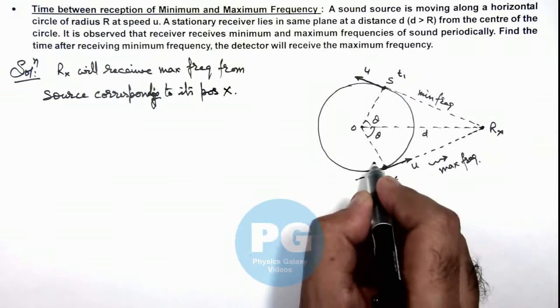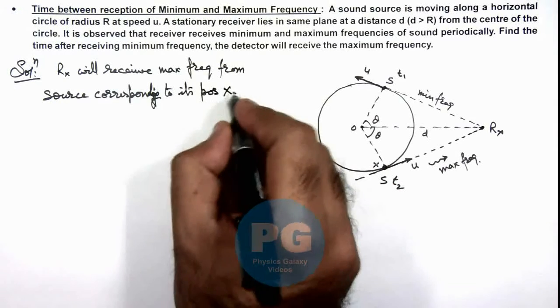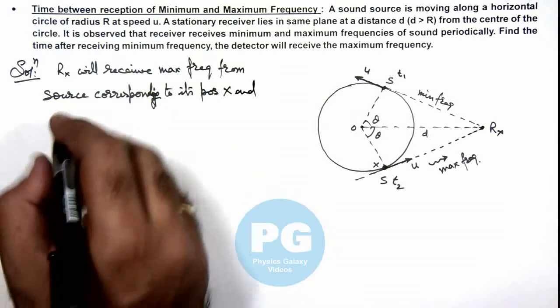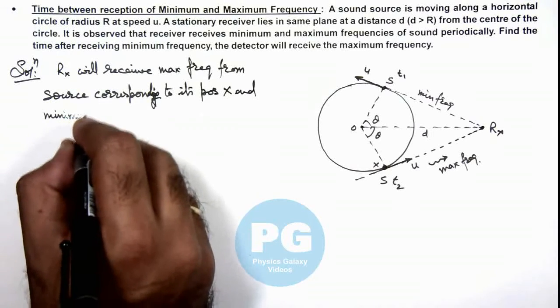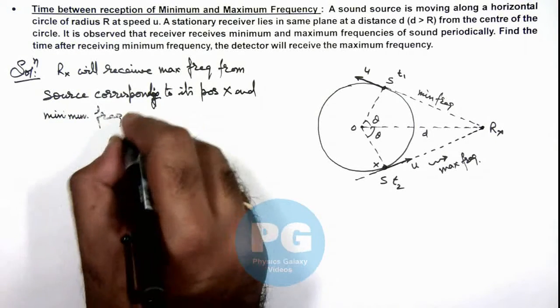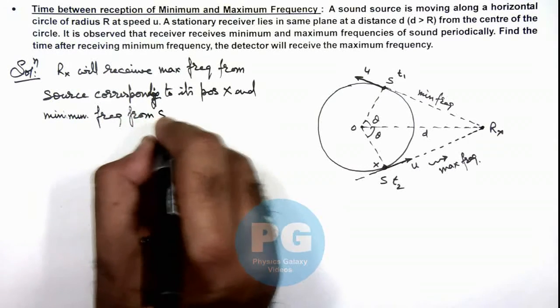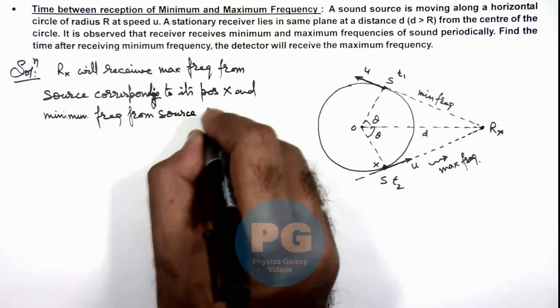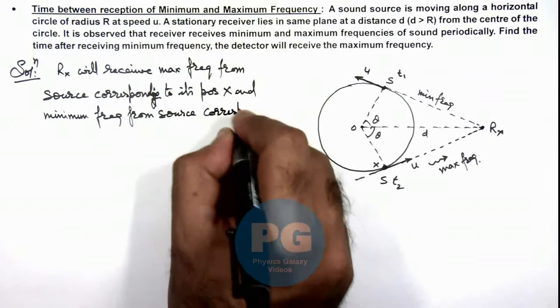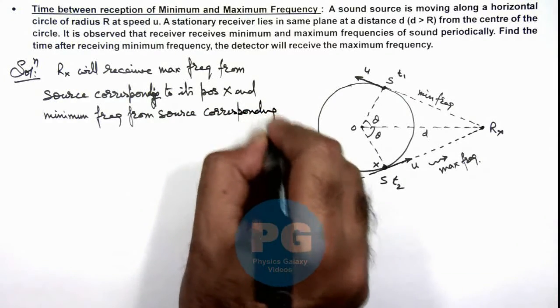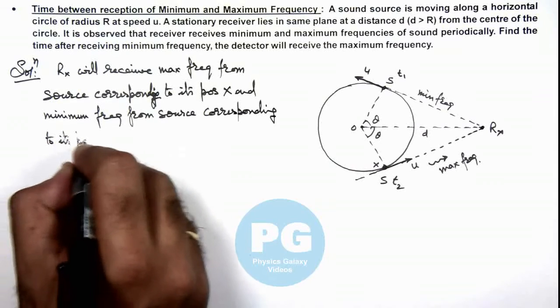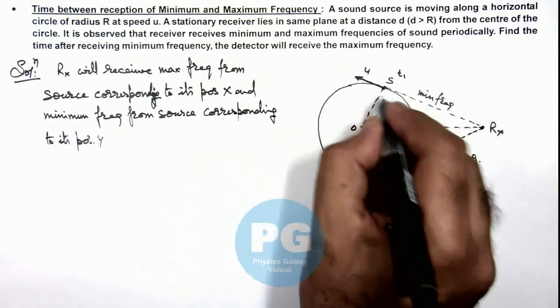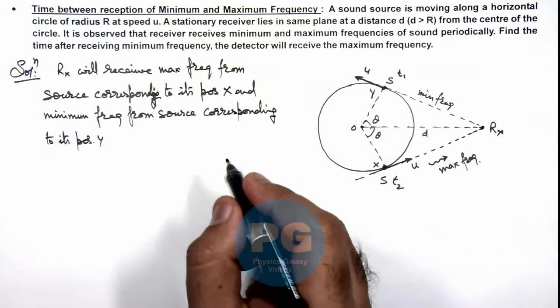This position we can consider as x, and minimum frequency from the source corresponding to its position y. This position we can consider as y.